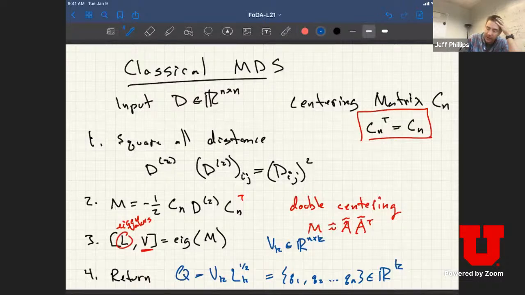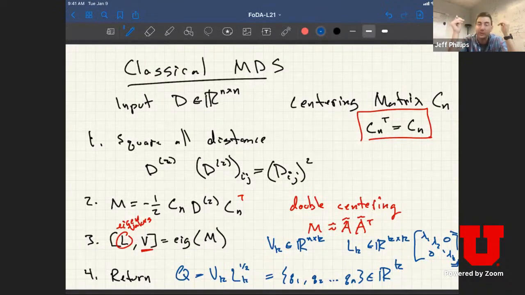And then L_k, I've zeroed out everything else, and I'm only going to keep this as a k by k matrix, right? So this will be lambda 1, lambda 2, up to lambda k, and zeros elsewhere. So the square root of L_k is just the scaling, and I'm multiplying that by the V_k vectors, one for each of the data points, which gives me k coordinates. And this will give me the embedding.